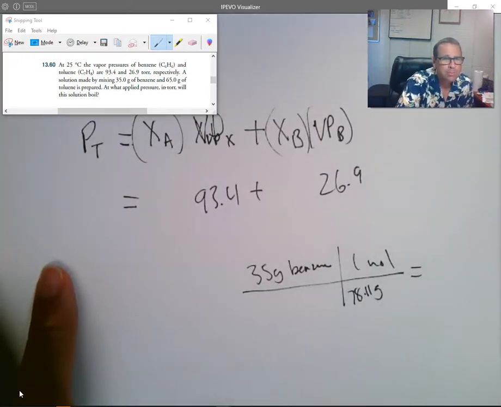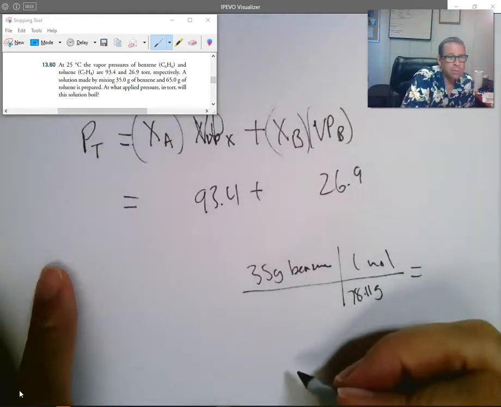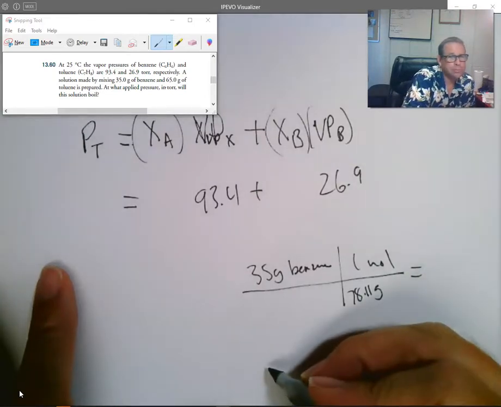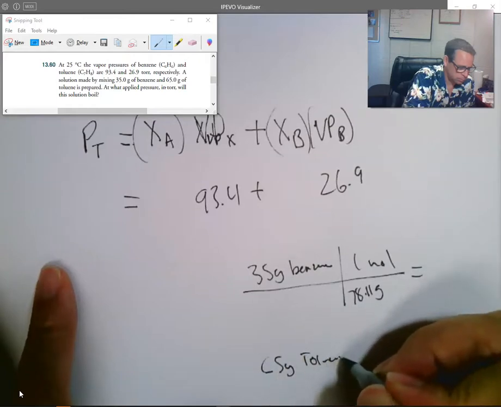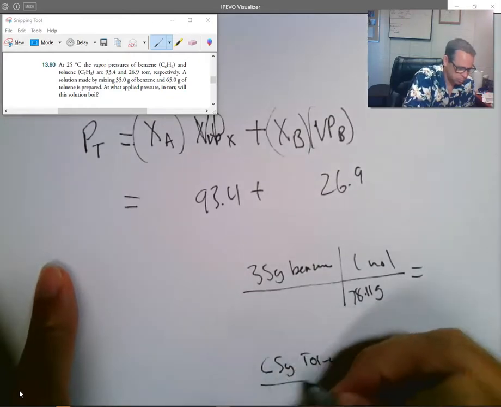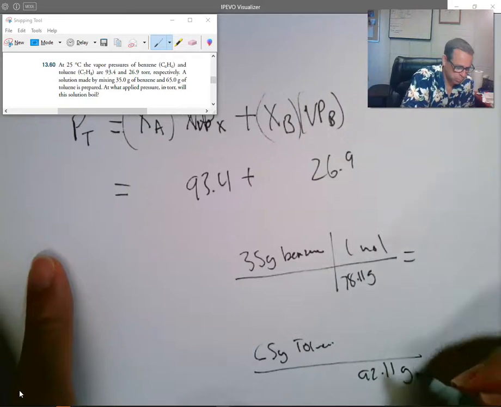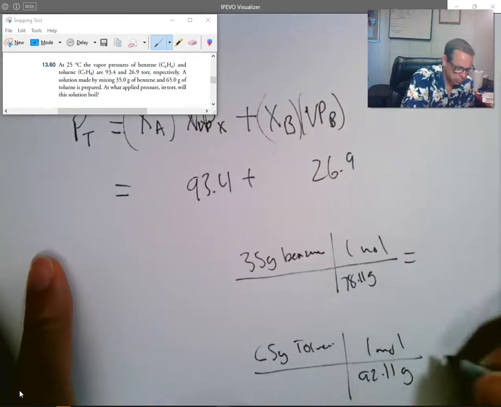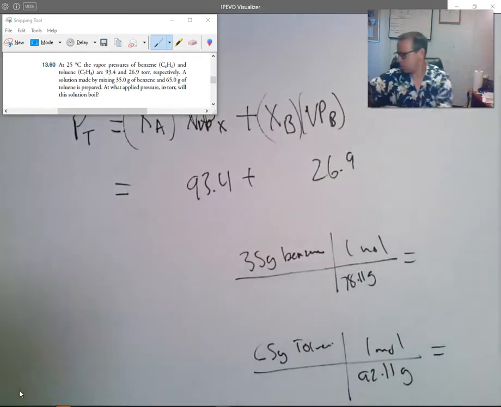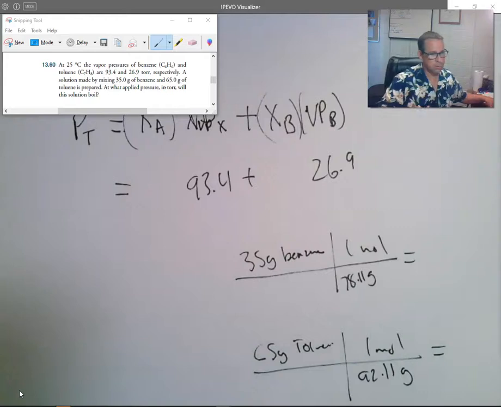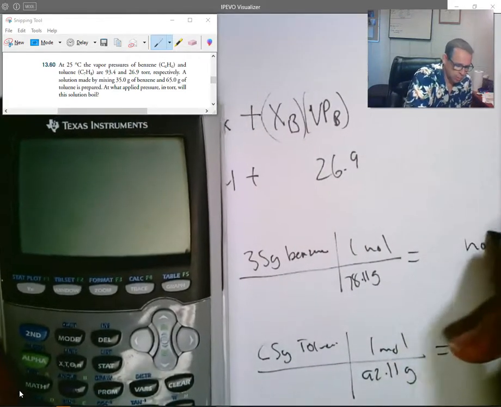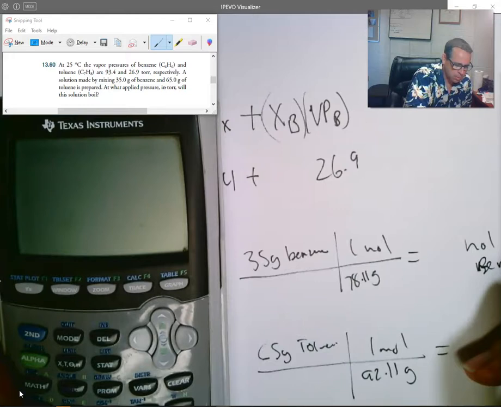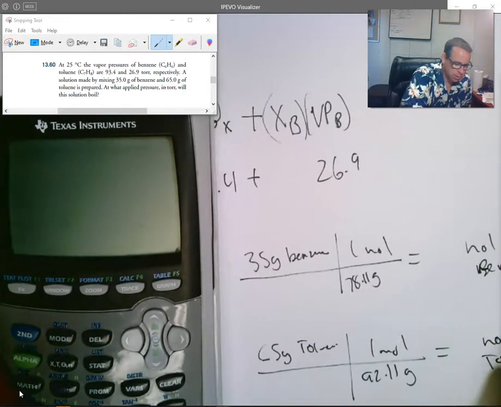Toluene, is that the other one? What's the molar mass of toluene? Okay, so 35 there. So I'm just going to find out the moles of benzene and the moles of toluene.